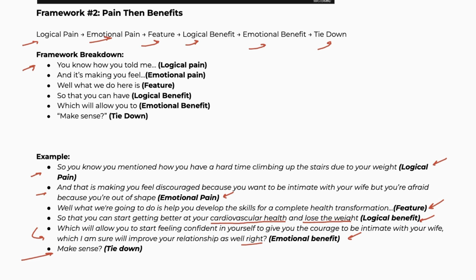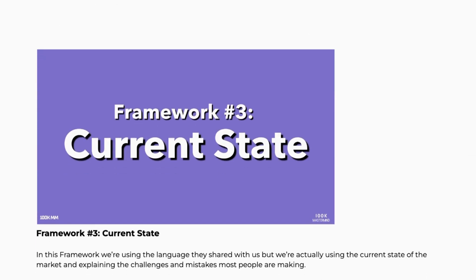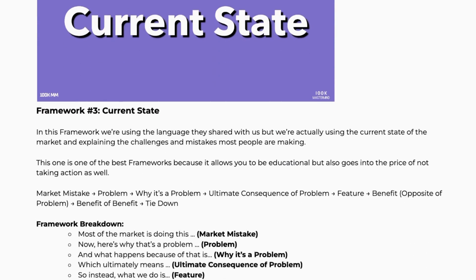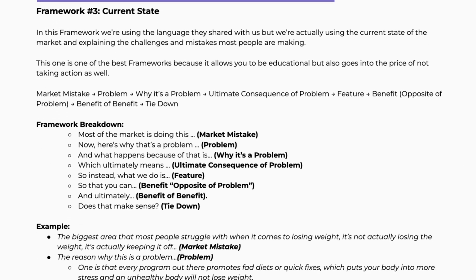All right. Now let's move on to framework number 3, which is talking about the current state. In this one, we're going to use the current state of the market, right? This is the problem that the market is facing and the mistakes people are making in the market. People that are losing weight are doing fad diets, or keto, or X, Y, and Z, whatever it may be.